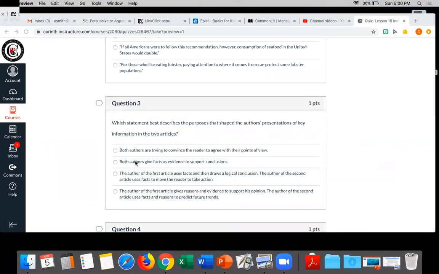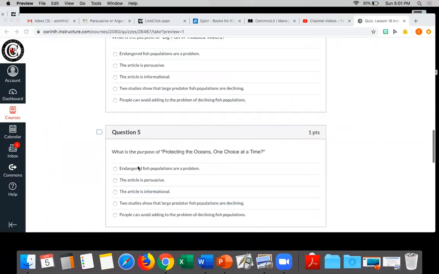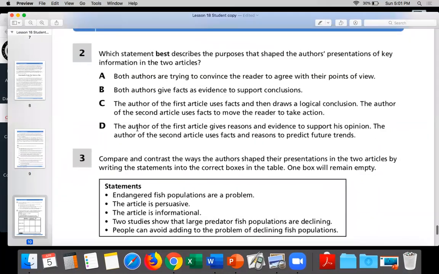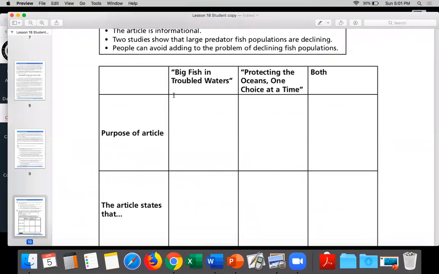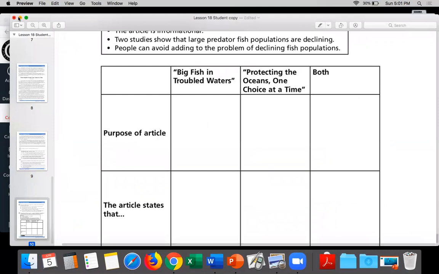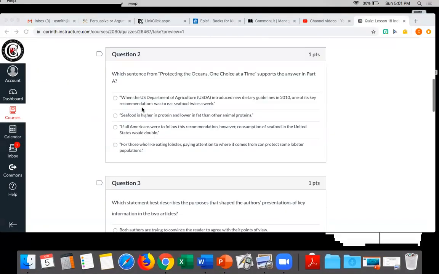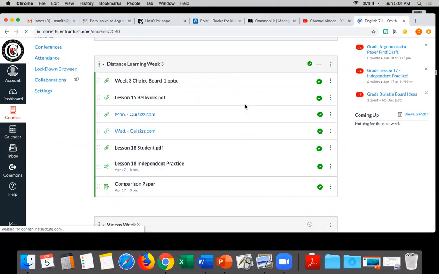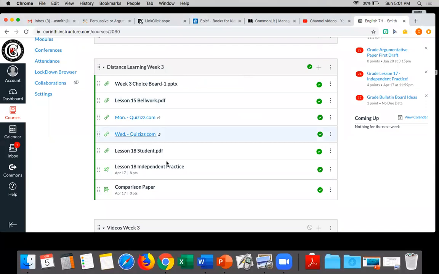And then numbers 4 through 8 are the graph, like 4, 5, 6, 7, 8. They're just multiple choice, okay? So that is the only difference. And then let me go back real quick and see if there's anything else. Here we go. I don't think so. We've gone over everything.